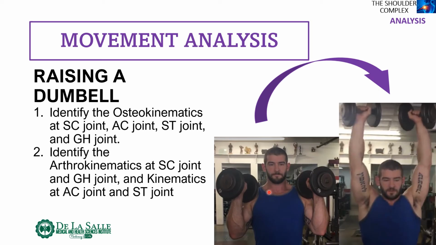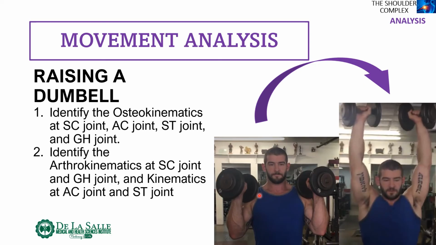Guys, your shoulder flexion is under shoulder elevation, right? So, at the level of the sternoclavicular joint, when doing this motion, there is elevation and posterior rotation of the clavicle. So, elevation and posterior rotation at the sternoclavicular joint.